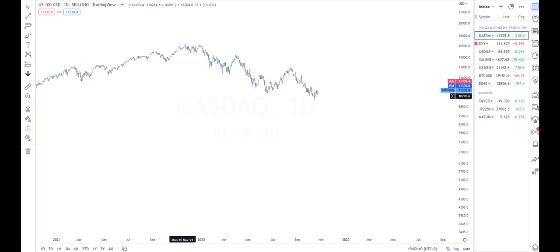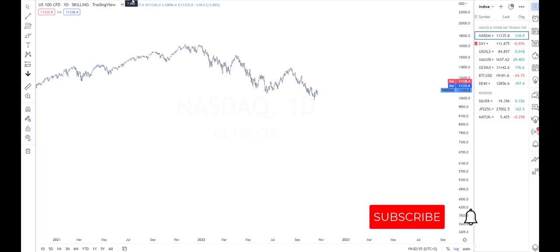So here guys, we have your NASDAQ structure that we want to look at. We're looking at it starting from the daily because we want to see what is really happening with the overall bigger picture.